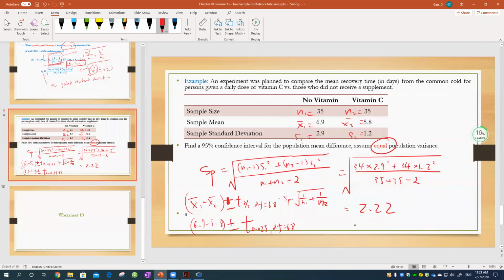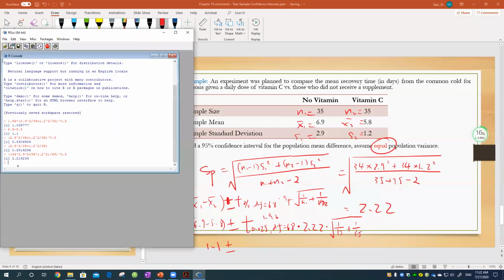So times 2.22 and times the square root of 1 over 35 plus 1 over 35, 1 over N1 plus 1 over N2. So that's going to be 1.1 plus or minus. We plug this in. This is 1.96. Using the calculator, we got 1.96 times 2.22 times the square root of 1 over 35 plus 1 over 35.